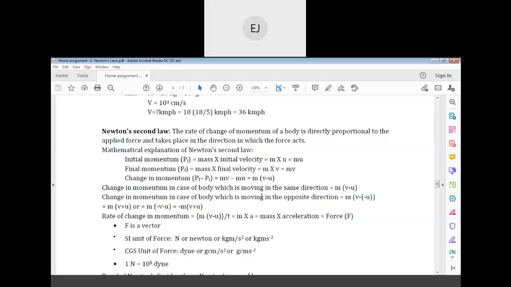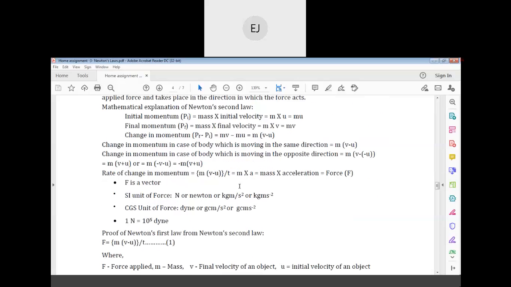So rate of change of momentum is m of (v minus u) by time, and (v minus u) by t is nothing but a, so mass into acceleration is equal to force. So it basically gives you the definition of force, Newton's second law.